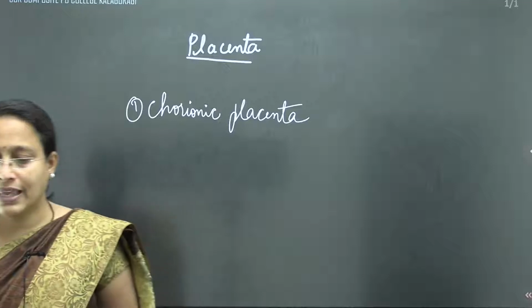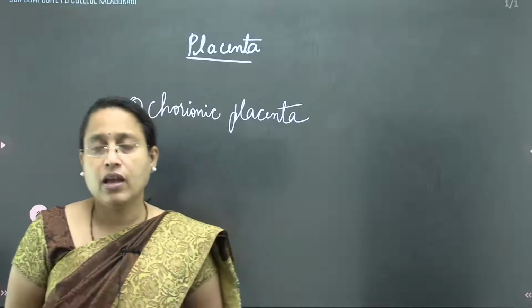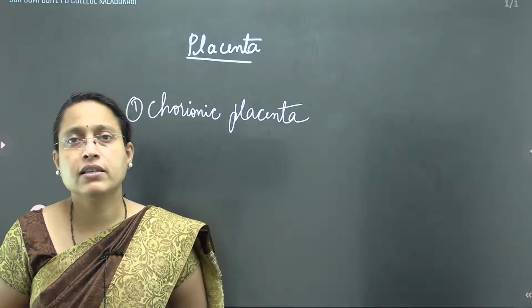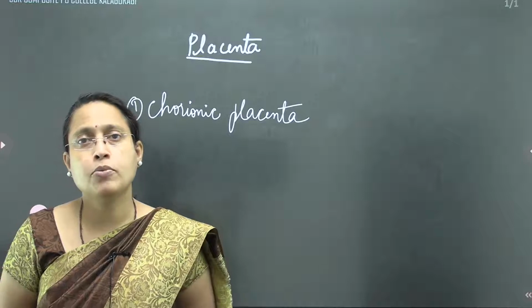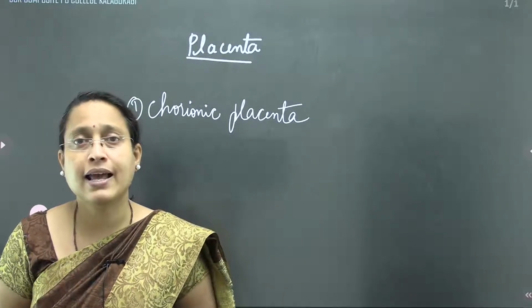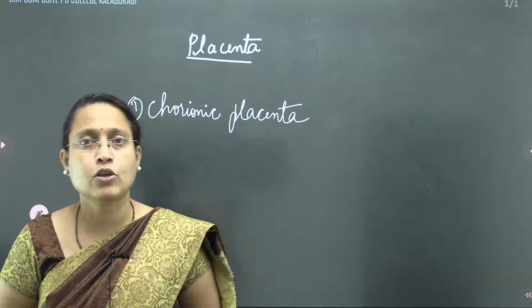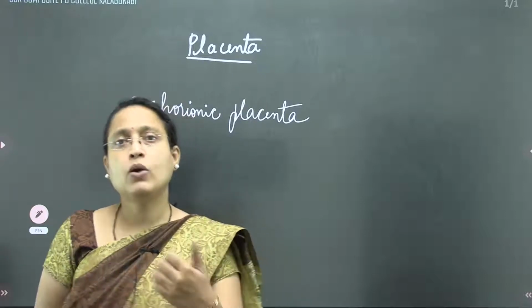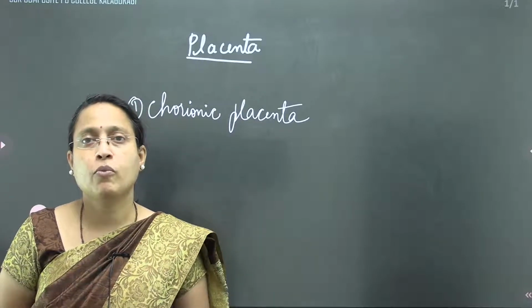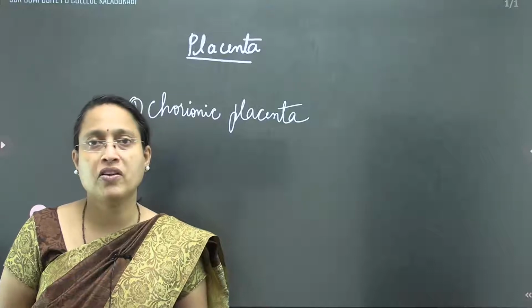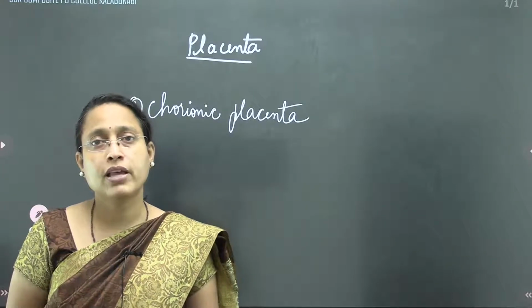If you see it in this way, almost all of these extraembryonic membranes contribute to the formation of the placenta in animals, if you consider all the animals as a whole. For example, the chorion can contribute, the allantois can contribute, and the yolk sac also can contribute.